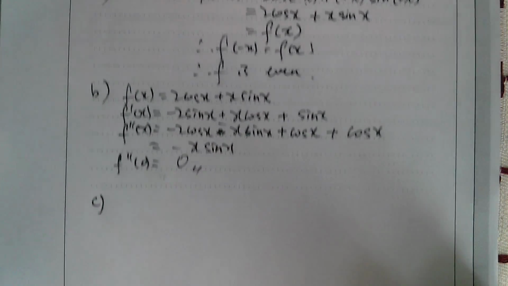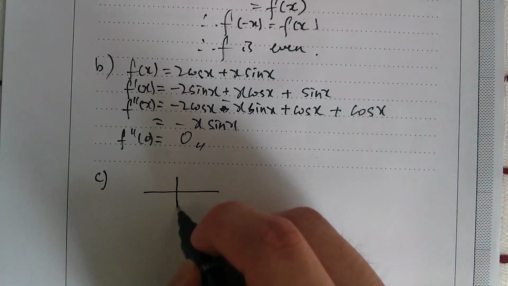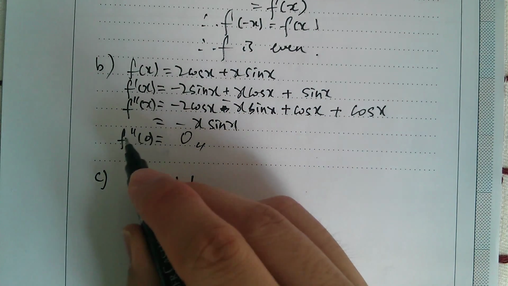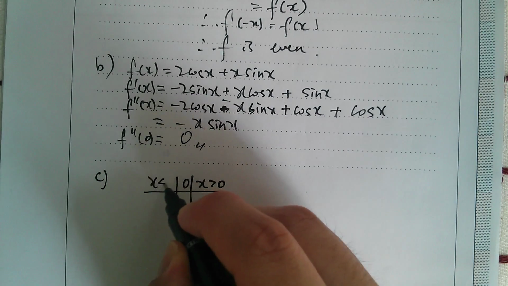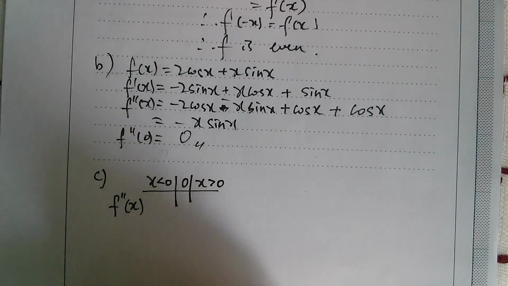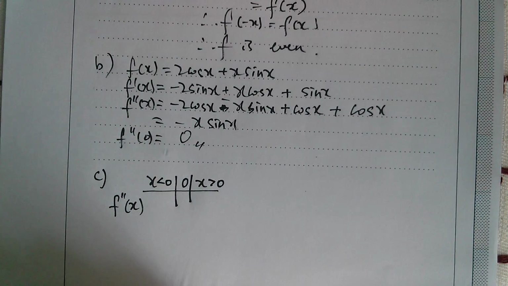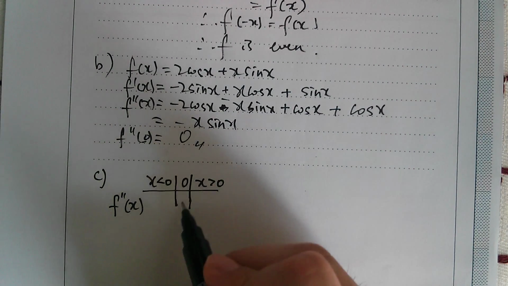What do you normally do? What you normally do is you need to do the sign diagram, do a sign test. So we know that the critical one is 0. We need to try something bigger than 0, try something smaller than 0. You need to plug it into the second derivative to test for point of inflection. So at x equals 0, we already know the second derivative is 0.